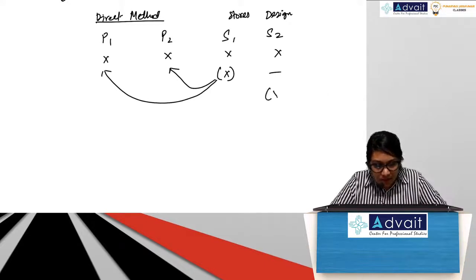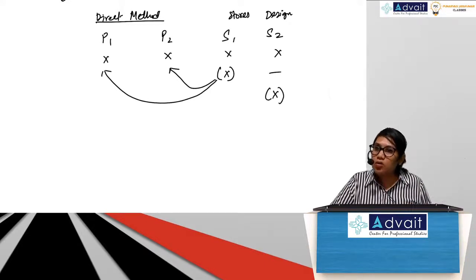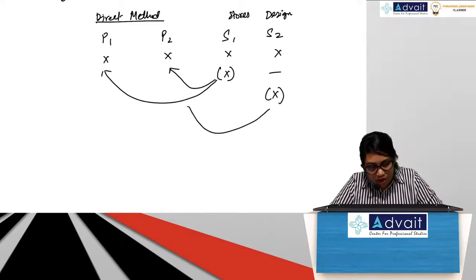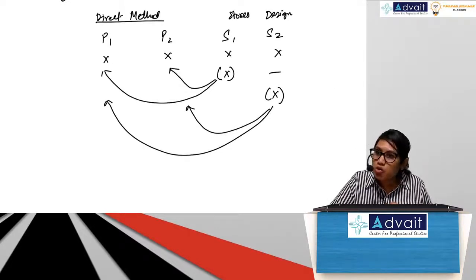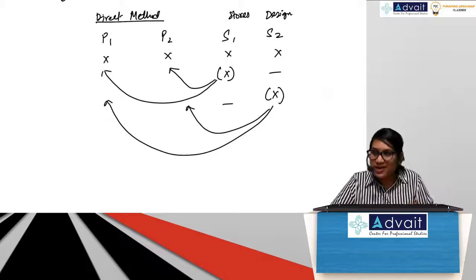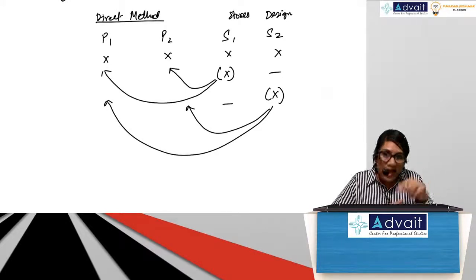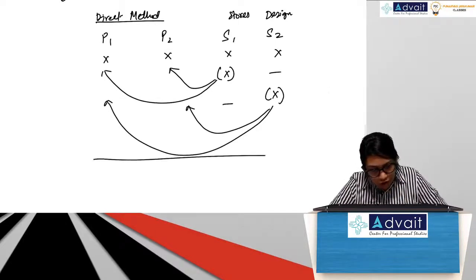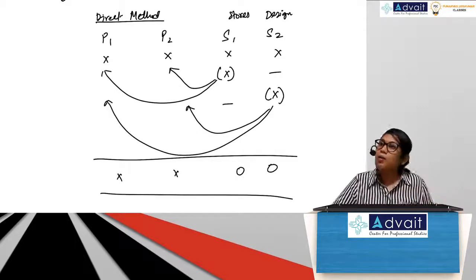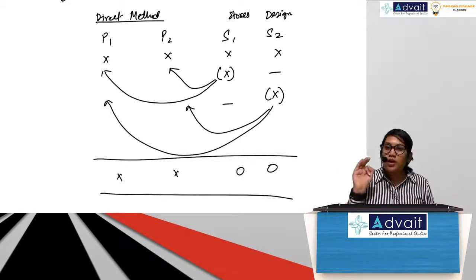Similarly, S2 will become 0 and give its overheads to P1 and P2. Will it give anything to S1? No. Can it give anything to itself? No. So they do not give their overheads to each other. That is your direct method. So this is 0, 0. This has balance. So this is your direct method.